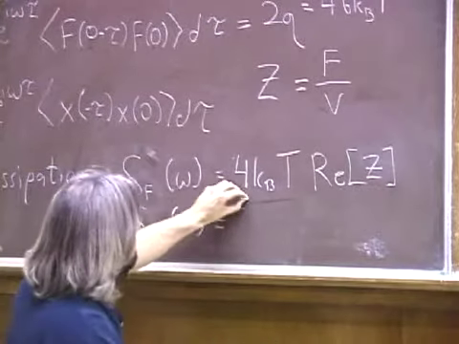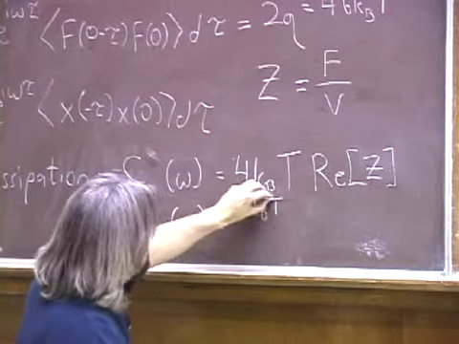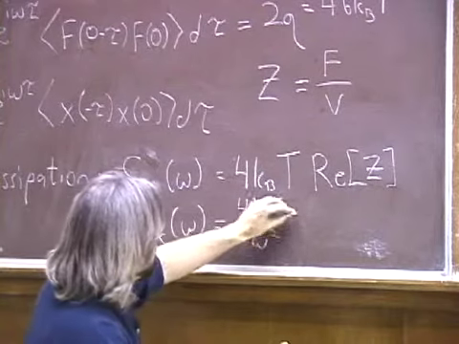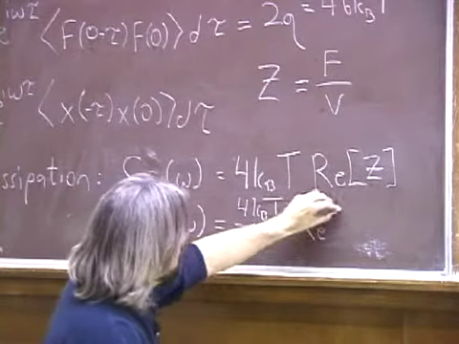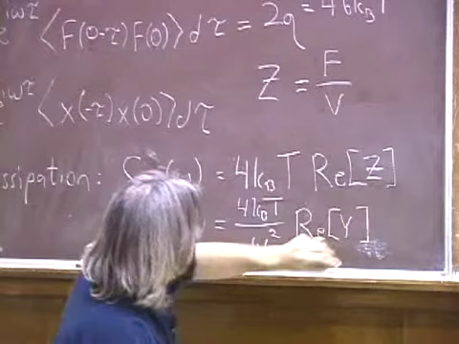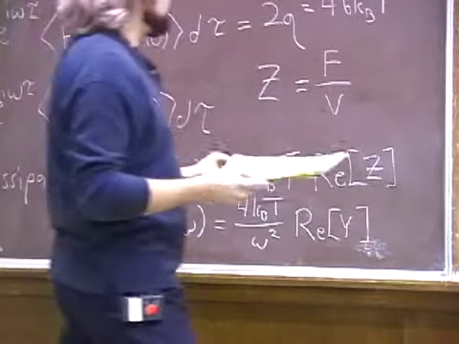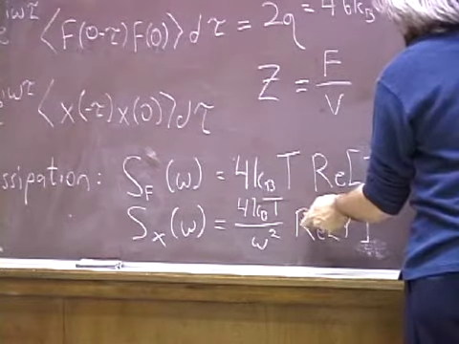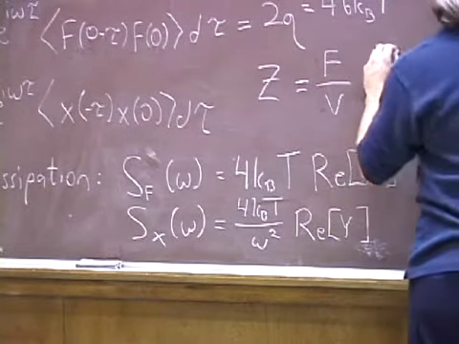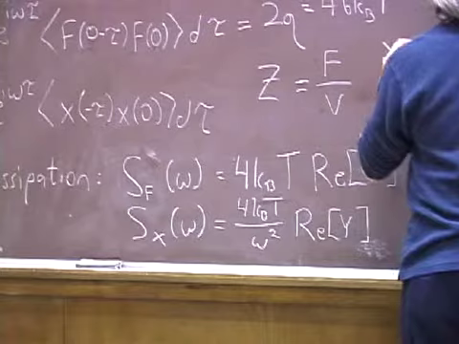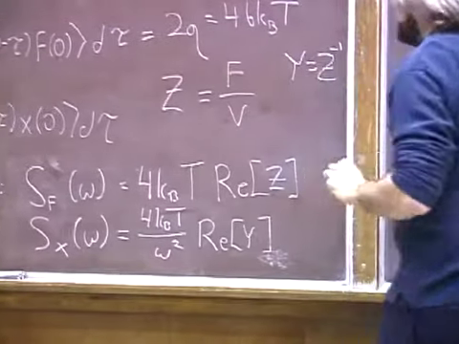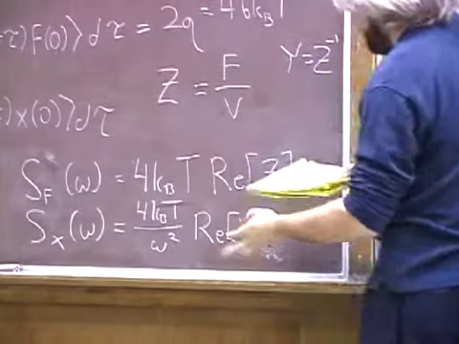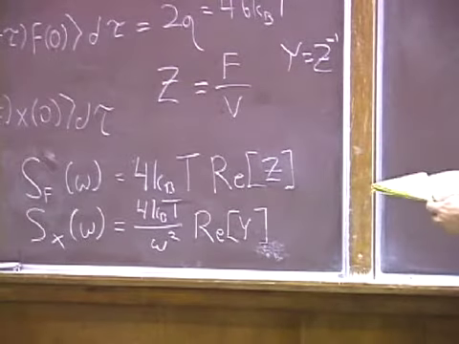That also has a very simple form. It's just the heat energy times the complex admittance of the system, Y, which is equal to Z to the negative 1. And again, only the real part of the admittance of the system, what we would call the dissipation, or the friction.